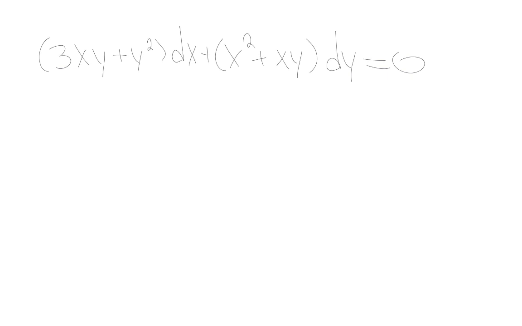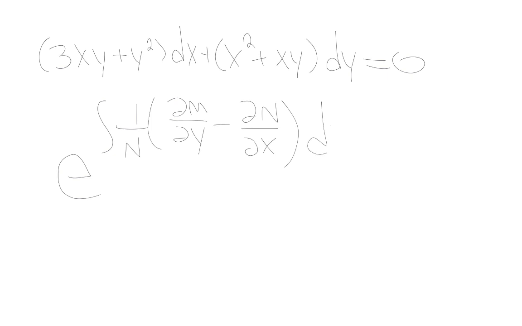So the integrating factor that I will employ here will be e to the integral of 1 over N times partial M with respect to y minus partial N with respect to x, dx.